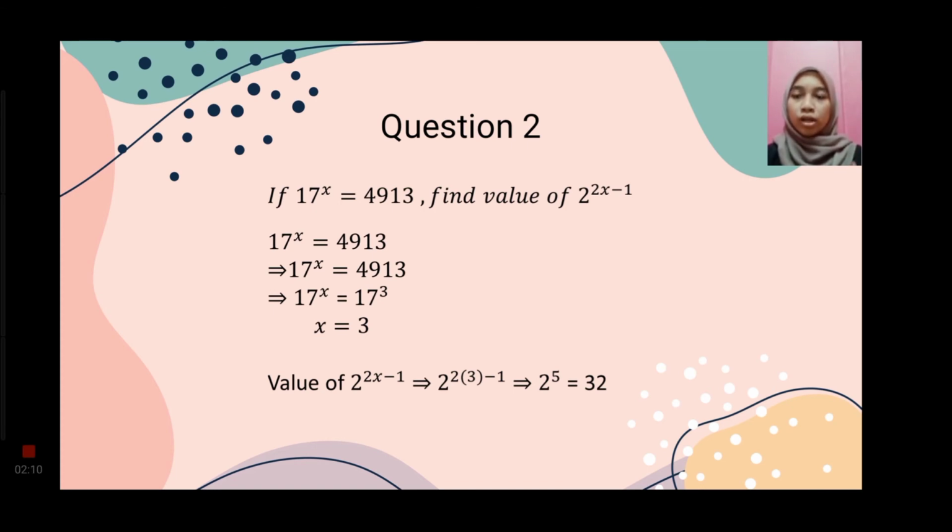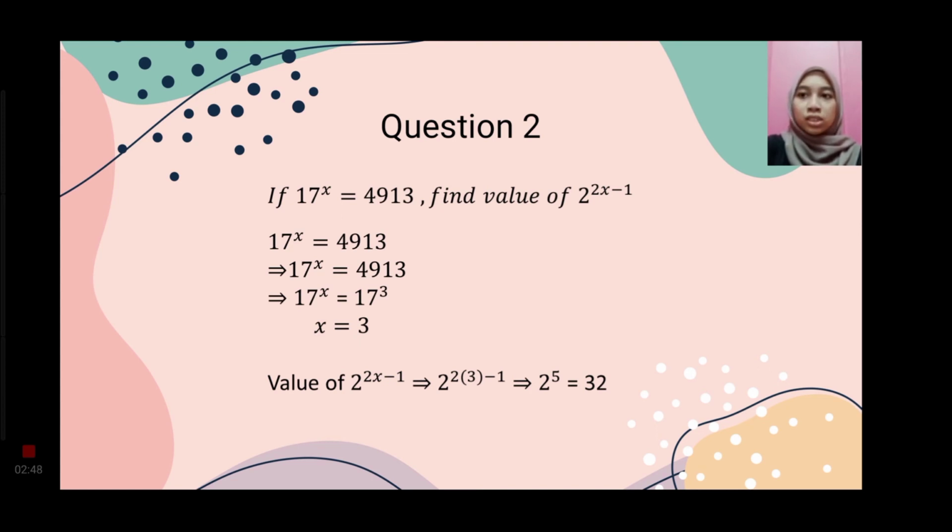What is the value of x such that when we raise 17 to the power of x we get 4913? We know that the power is how many times we multiply the 17 with itself. So we get 17 to the power of 3, because 17 multiplied by 17 multiplied by 17 gives 4913. So the answer for x is 3.